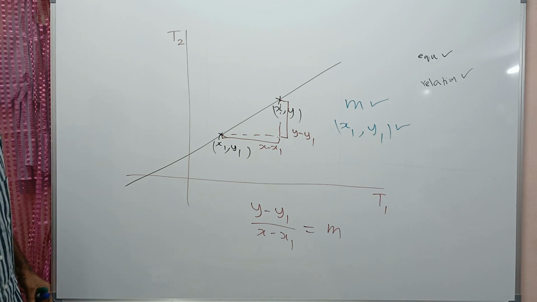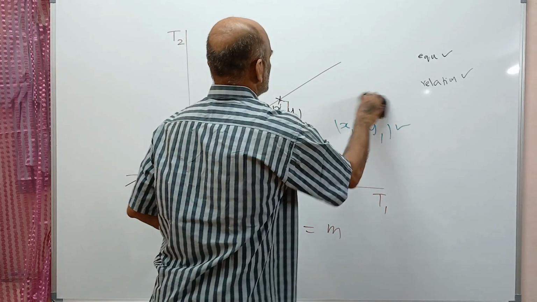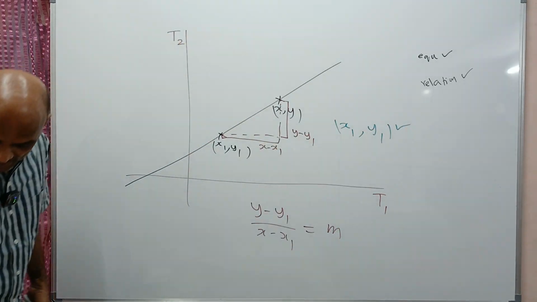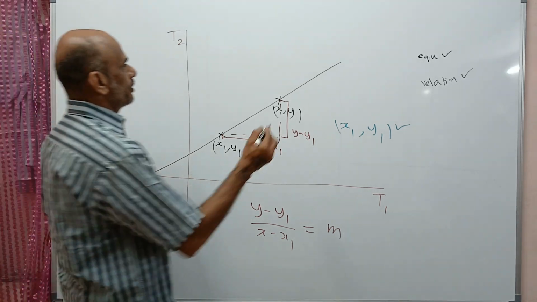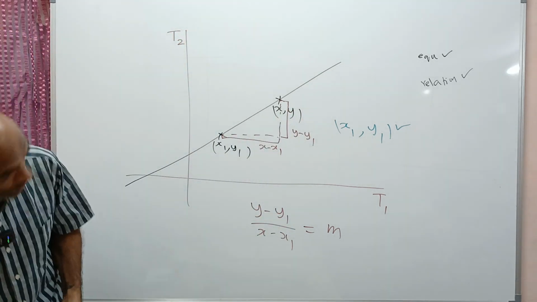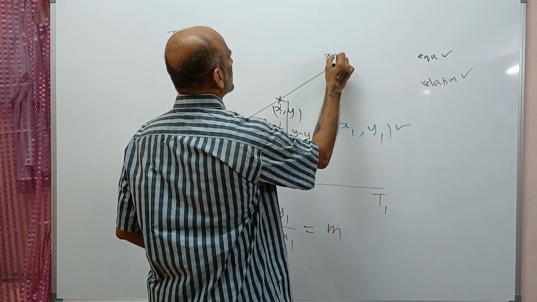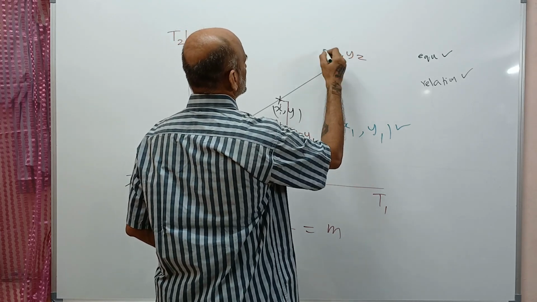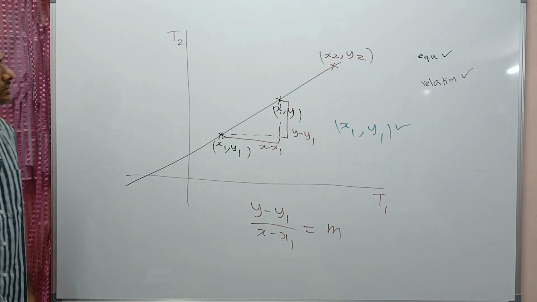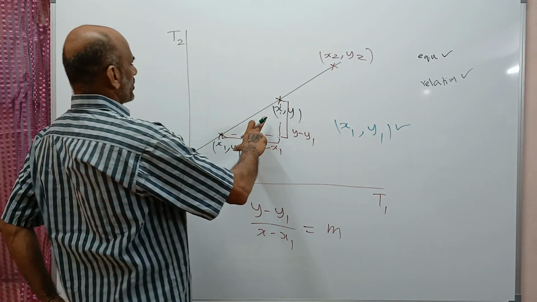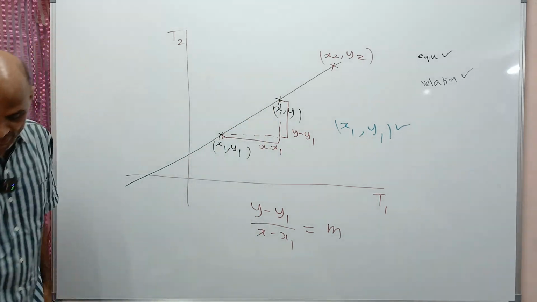There's another way we can describe the equation of the line. Instead of giving the slope, say we are given a second point, x2 comma y2. So the slope of this line according to these 2 points is y minus y1 by x minus x1.